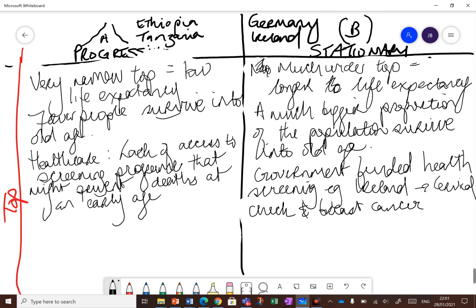So we don't want to repeat the points we made earlier. The other one could be to do with education. So women don't stay in education.